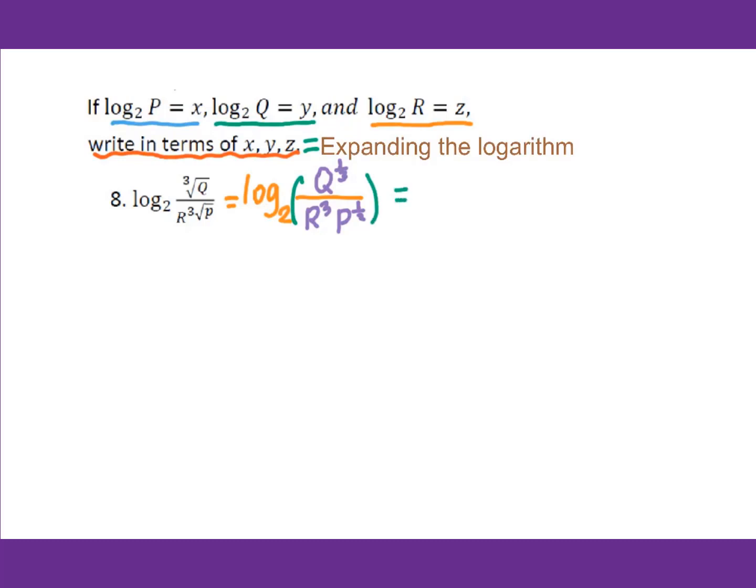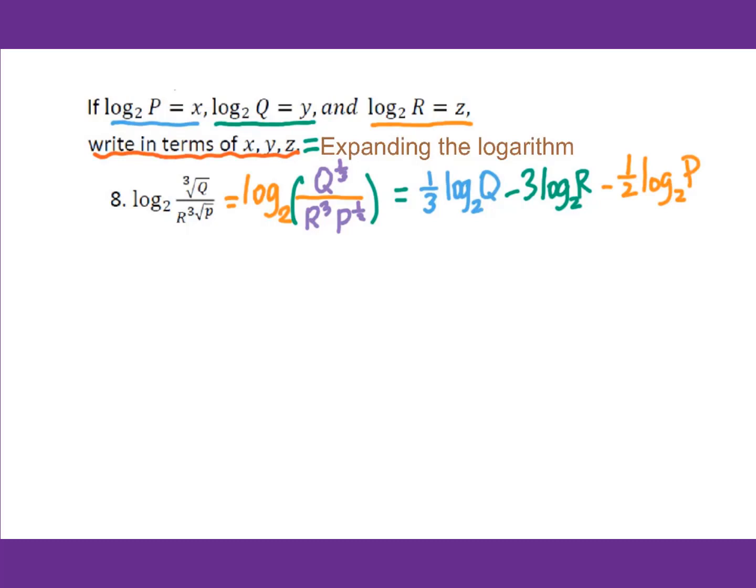Then above the division line, that's adding. Therefore, we get 1 over 3 log base 2 of q minus 3 log base 2 of r minus 1/2 log base 2 of p.